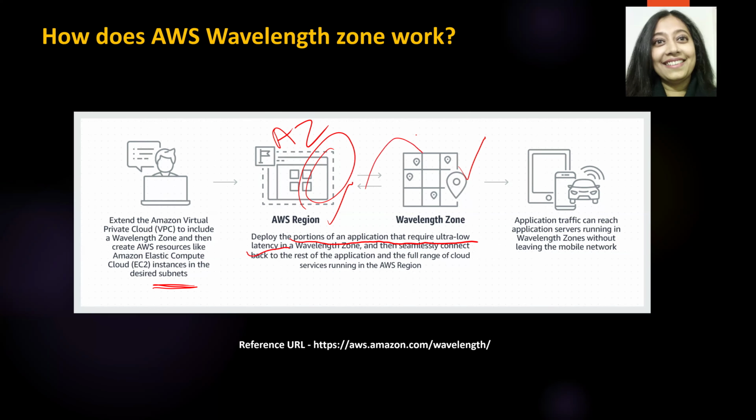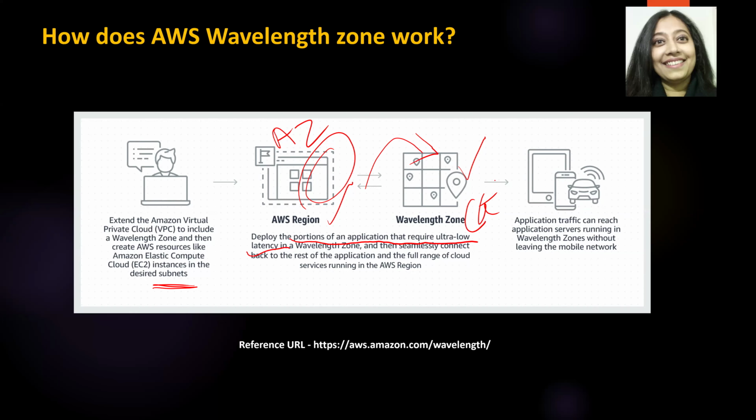Deploy those portions over here in your Wavelength Zone. So that way you can have the rest of the application within your AWS Region, and those ultra low latency services, maybe an application tier, or maybe some functionalities that require that ultra low latency, deployed in your Wavelength Zone. And then essentially you can have your communications gateway sitting right here.